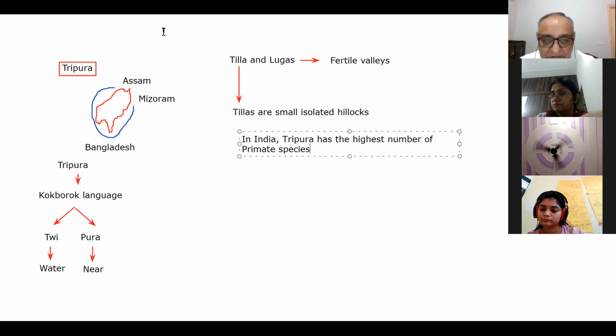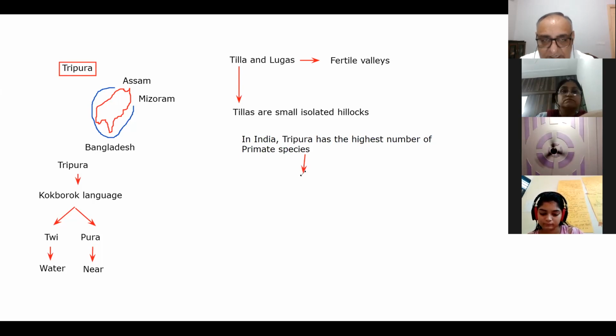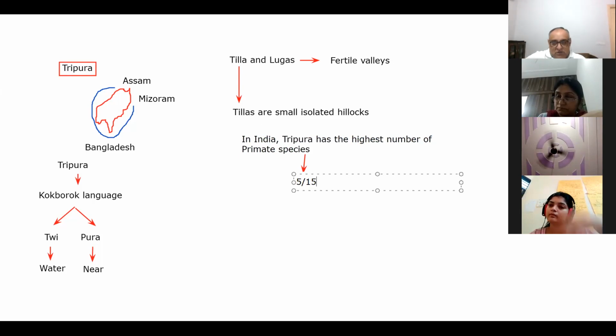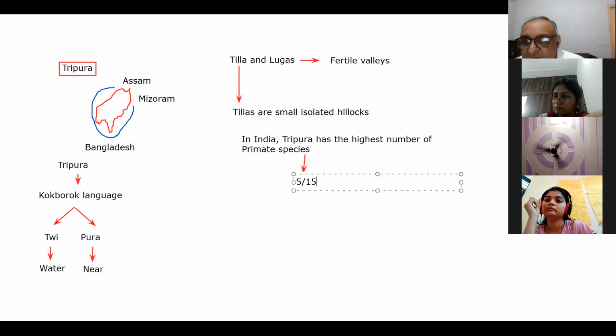There are a total of 15 primate species in India, and out of these 15, 5 primate species are found here in Tripura. Monkeys are also primates. Primate species are those species who have developed their brain with time. This is a special characteristic of theirs. Cows and buffaloes, for example, are not primates. So the highest number of primate species is found in the state of Tripura. Is it clear up to this point, beta?